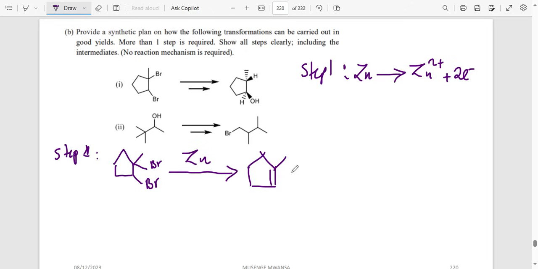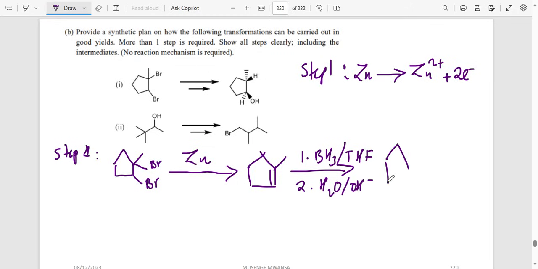That should be the question that each one of us should ask ourselves. And then in the next step, the first reactant we are going to use is BH3 in tetrahydrofuran, and the second reactant is water and the hydroxide. And then we form the products which have been given.